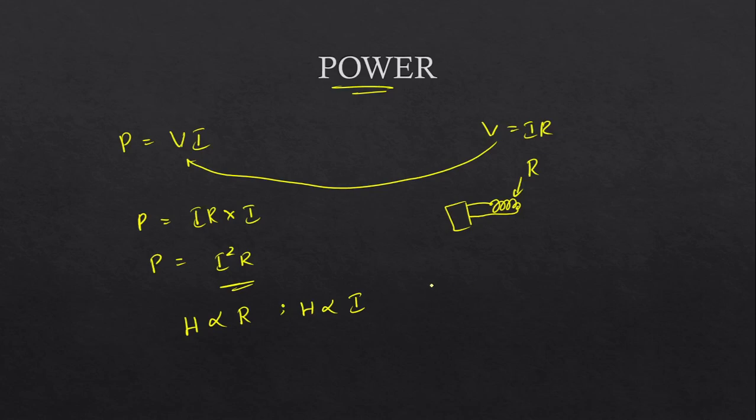If you make a larger current flow through the coil, the heating effect will be larger, and this heat energy is also proportional to the amount of time the coil is switched on. If you leave the coil on for a larger time period, then the heat energy dissipated will be larger.